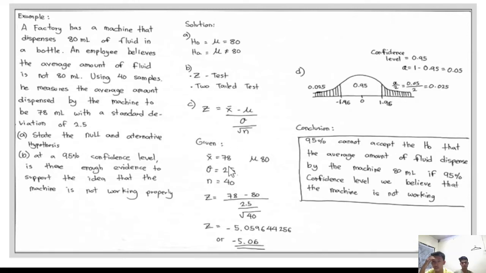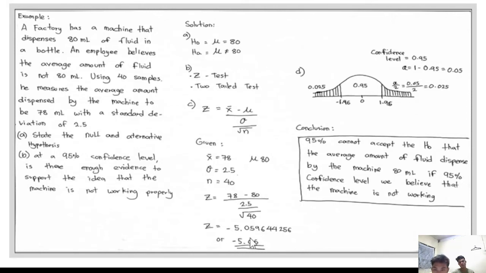Given yung x bar natin na 78 ml, sigma na 2.5 yung standard deviation, tapos sample size is equal to 40. Ilagay lang natin sa calculator to. Z is equal to 78 minus 80 all over 2.5 all over square root of 40.